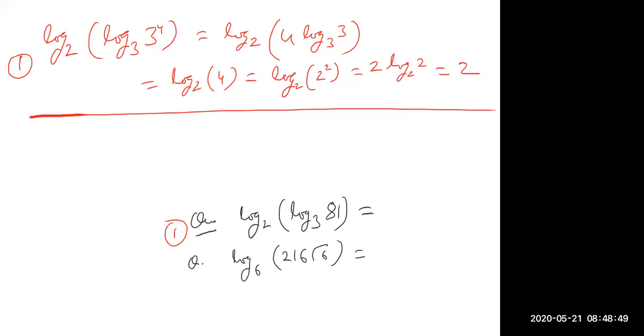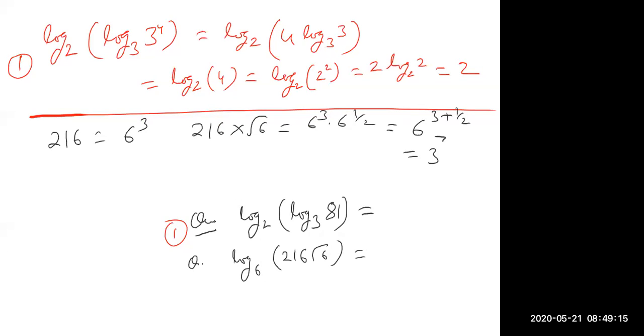In the second one, you have to observe that 216 is equal to 6 cube. So 216 into under root 6 will be 6 cube into 6 raised to power half, which is 6 raised to power 3 plus half, that is 6 raised to power 7 upon 2.